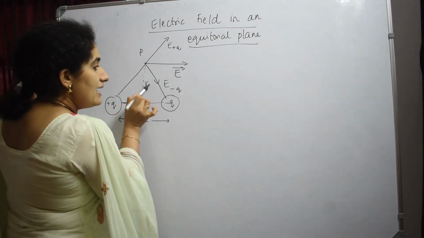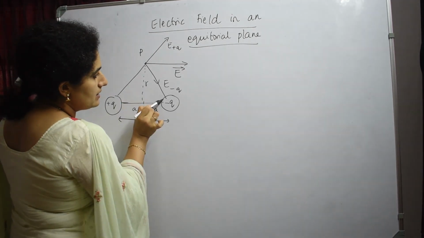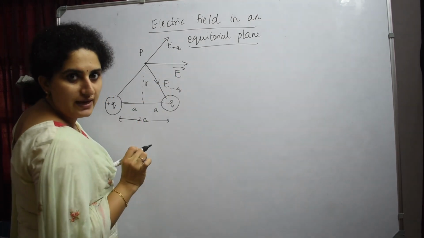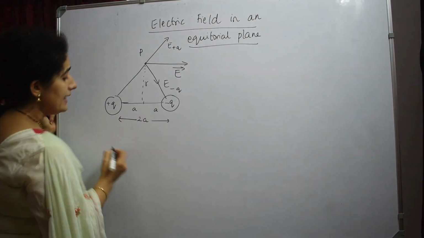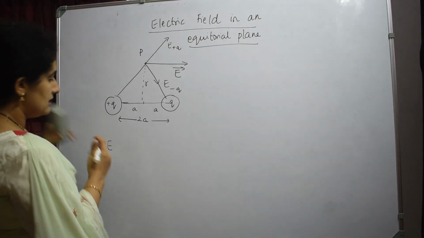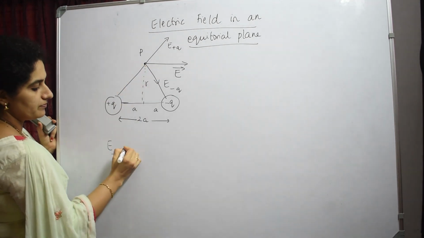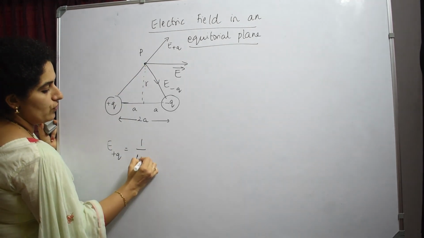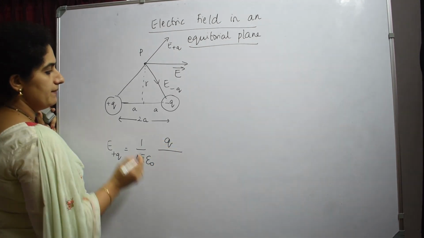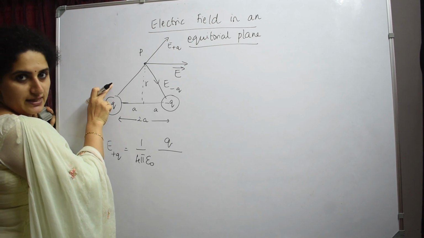So please note that the direction of the electric field is very important. So it is E minus Q and it is E plus Q. This is the net electric field E. Let me write the equations again. So electric field due to plus Q at this point P is 1 by 4 pi epsilon naught Q divided by, I have to find this distance now using the Pythagoras theorem.